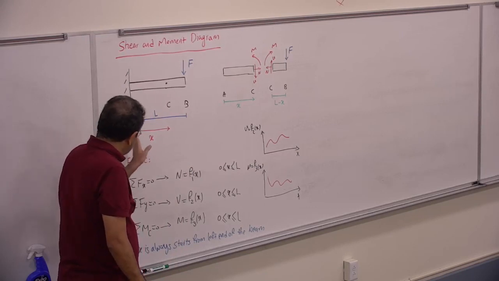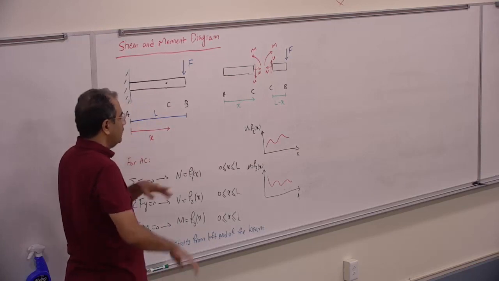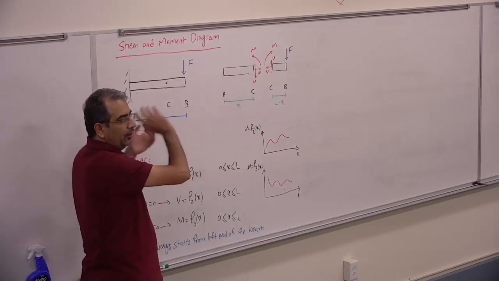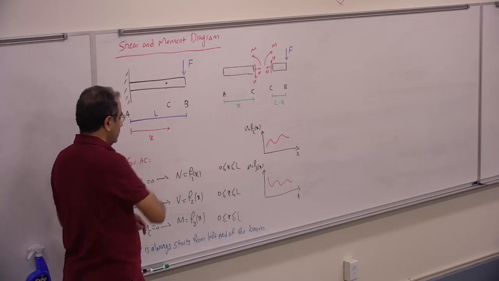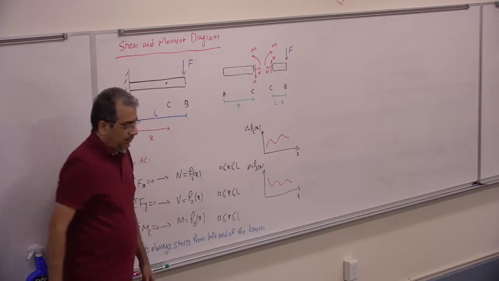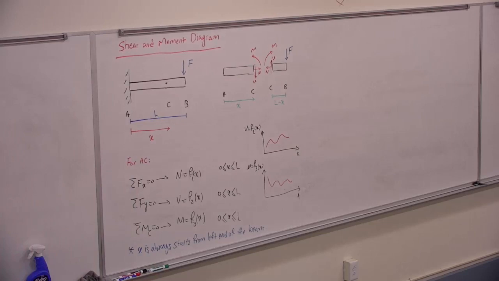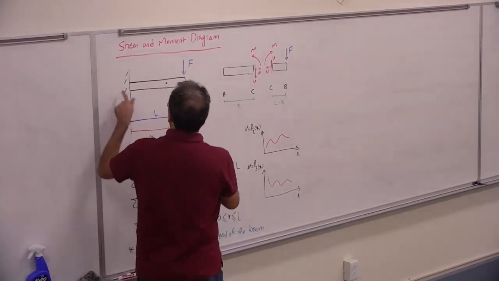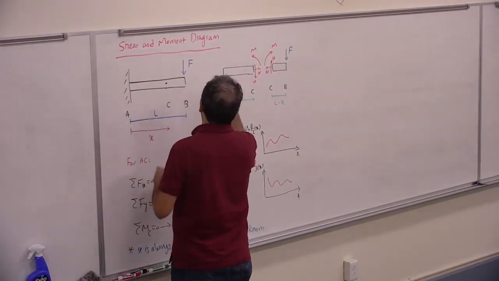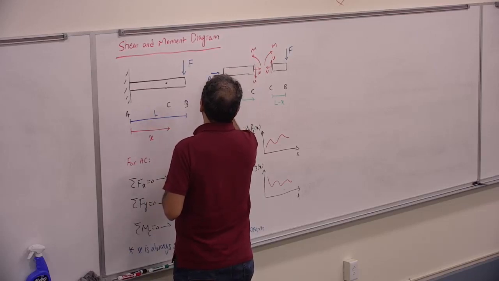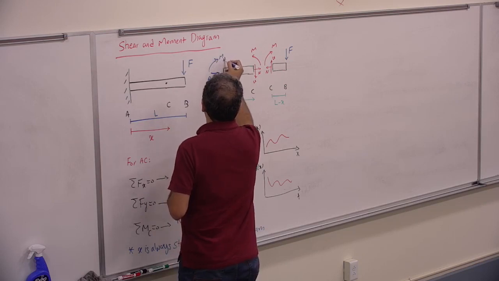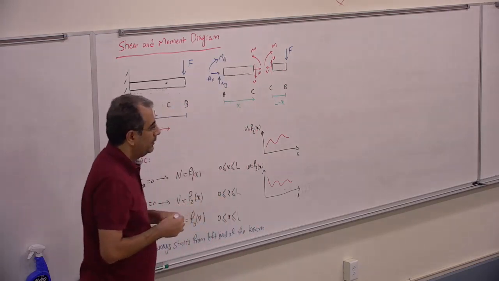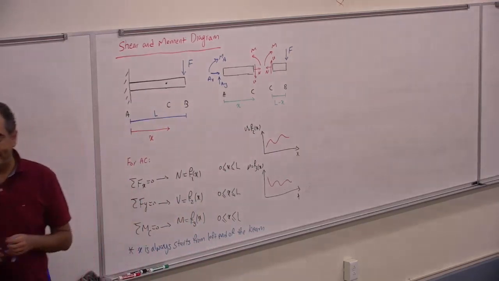The 0 for x is always going to be here, regardless of which end I choose or how I work. Any question? By the way, I'm also going to have the reactions of the supports here: Ax, Ay, and M_A. That's all.